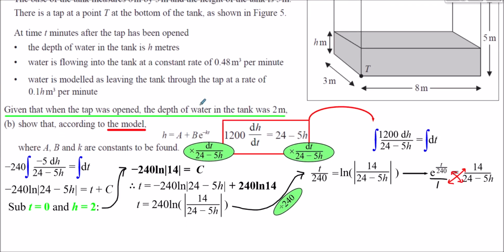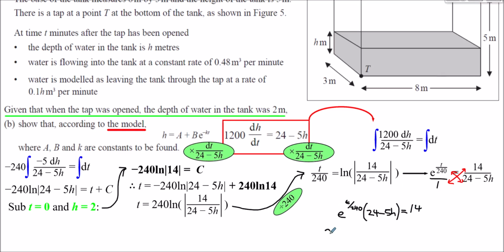So in other words, the next line is to say that we've got e to the power t over 240, all that times 24 minus 5h. That must equal 1 times 14, which is 14.